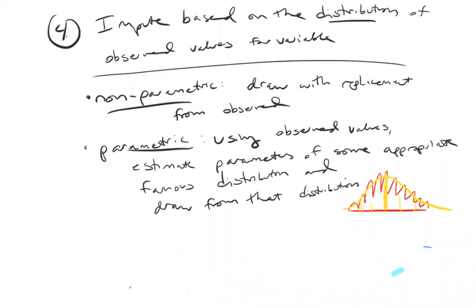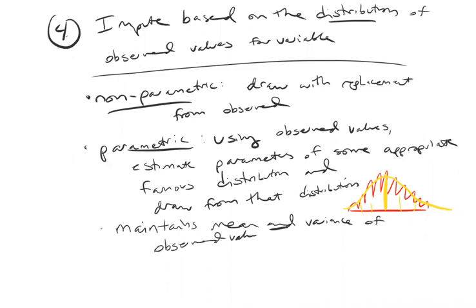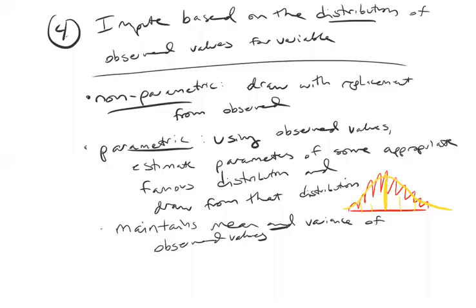So what else do we want to say about this one? Well, this maintains the observed mean and variance. This time, mean and variance of the observed values, right? So one thing that's important to note about this method is that there's some randomness to it.